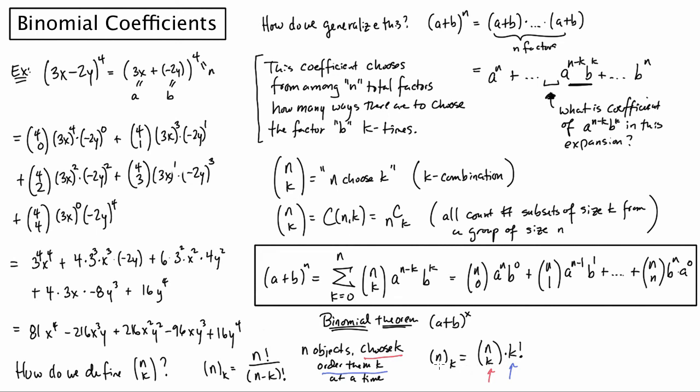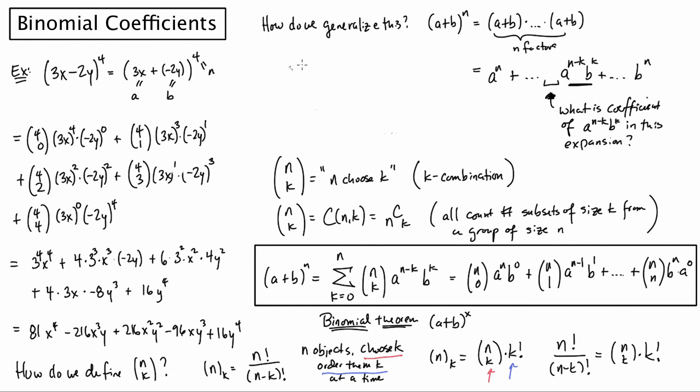So if we use this to come up with a formula, then we know that n factorial over n minus k factorial should be equal to n choose k times k factorial, which means that if we just focus on this a little bit here, and I'll clear some space for this, what we have at this point is n choose k is equal to n factorial over n minus k factorial times, you've got this k factorial here, I need to divide it over, so divided by k factorial.